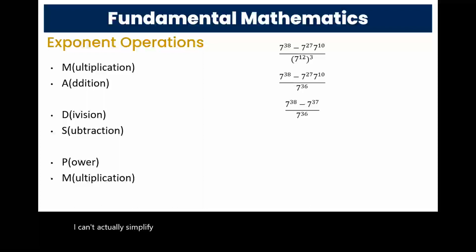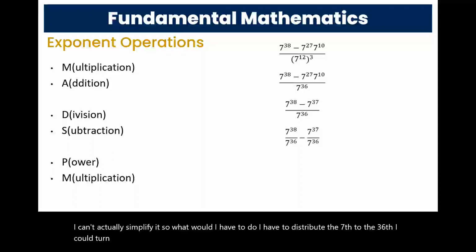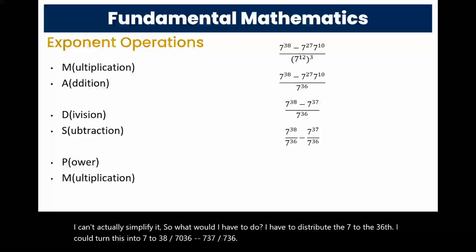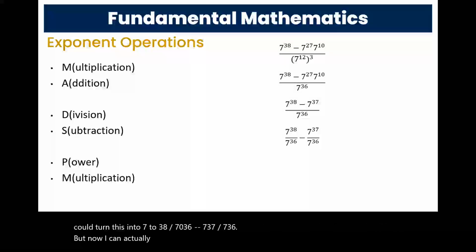So what would I have to do? I'd have to distribute the 7 to the 36th. I could turn this into 7 to the 38 over 7 to the 36 minus 7 to the 37 over 7 to the 36. But now I can actually simplify this, because what is the first fraction simplifying into?